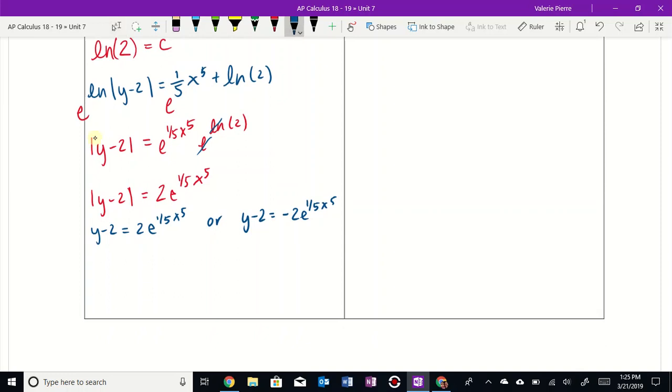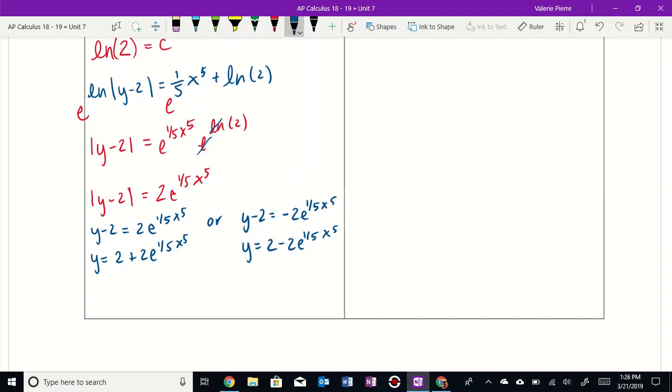Okay, so now when we add 2, we get y equals 2 plus 2e to the 1/5 x to the 5th, or y equals 2 minus 2e to the 1/5 x to the 5th. Now to just double check and make sure they work, our initial condition said that f of 0 equals 0.